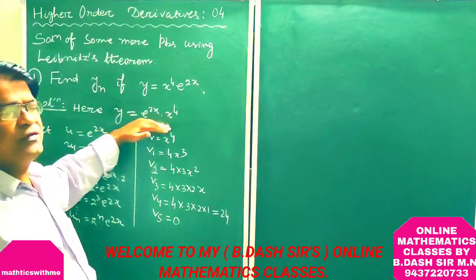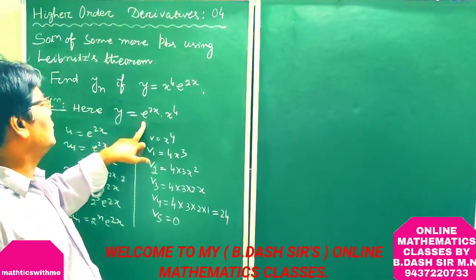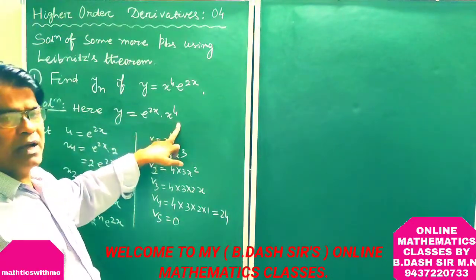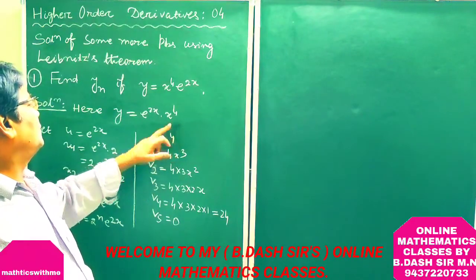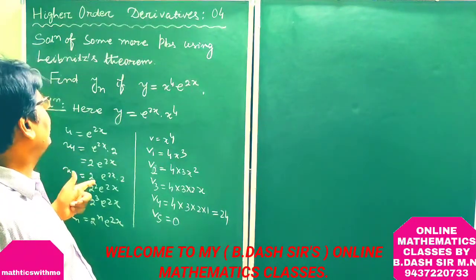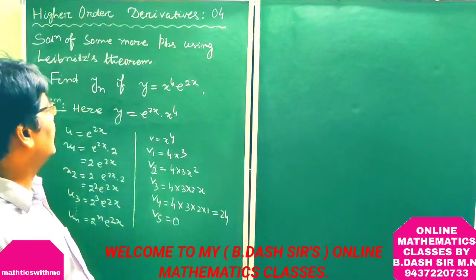Here the function which is given, that is e to the power 2x x to the power 4, we have to find the nth derivative using Leibniz theorem.